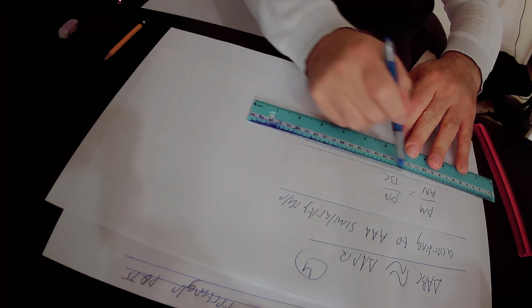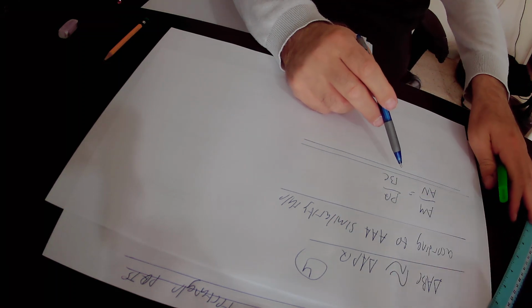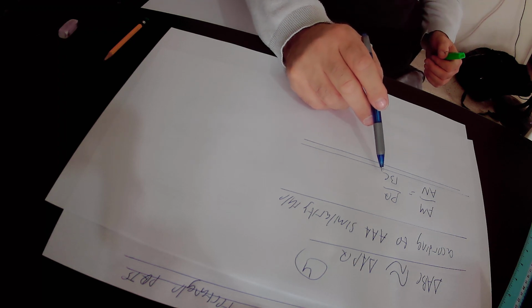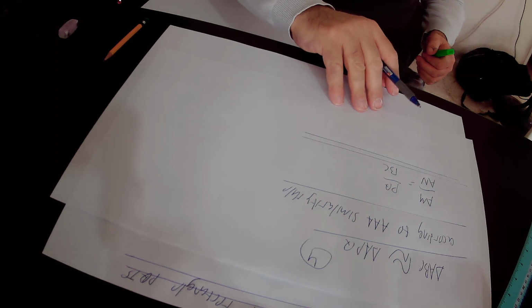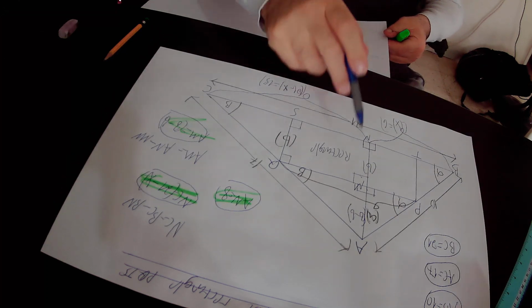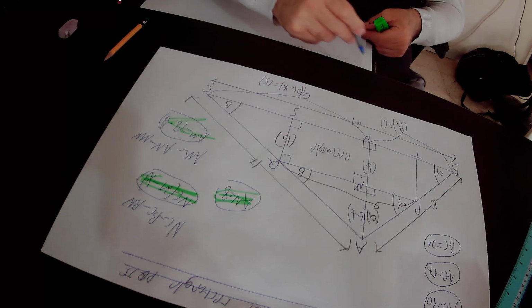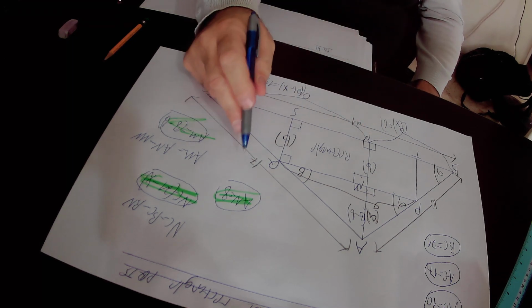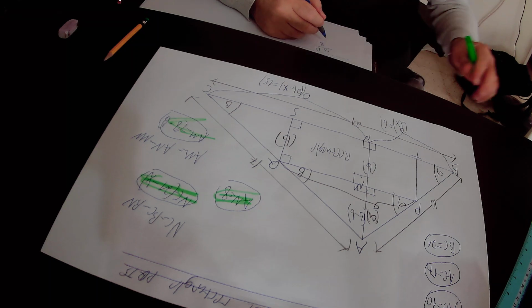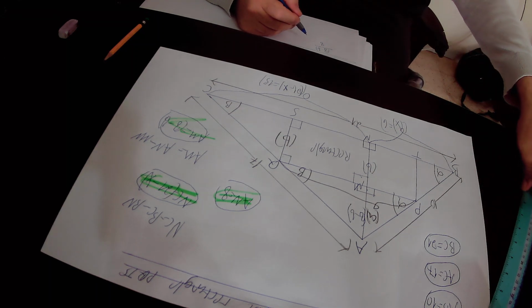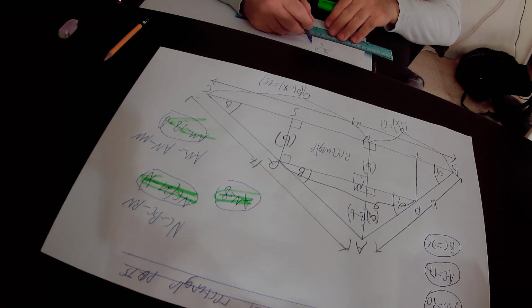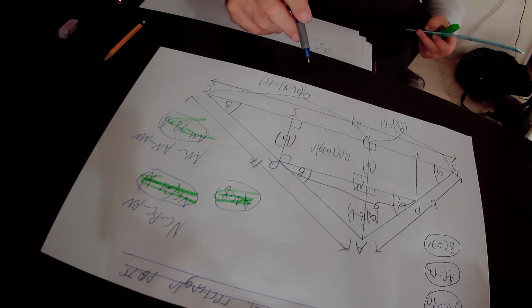That is to say, the ratio between the heights of the two similar triangles is equal to the ratio between the sides of the two similar triangles. We just found out that AM equals 8 minus B, therefore we substitute AM by 8 minus B over AN. AN equals 8, so we substitute AN by 8, and it equals PQ.